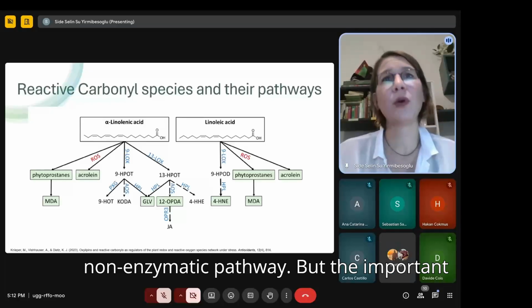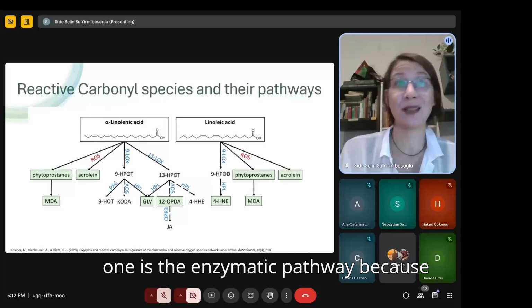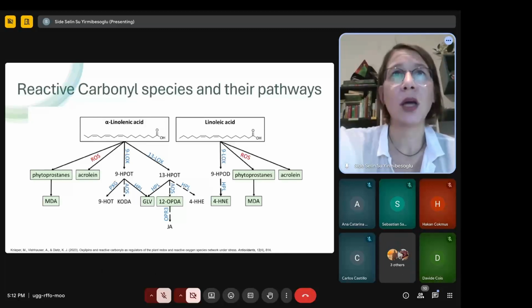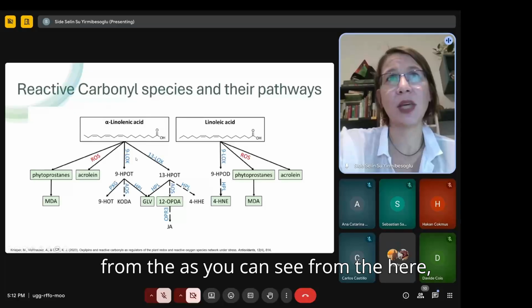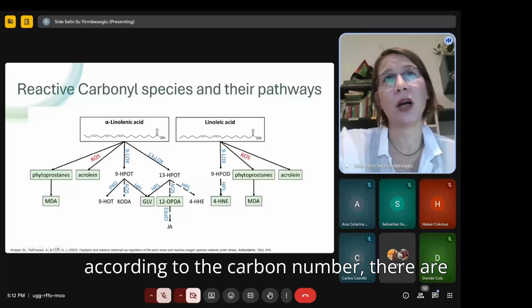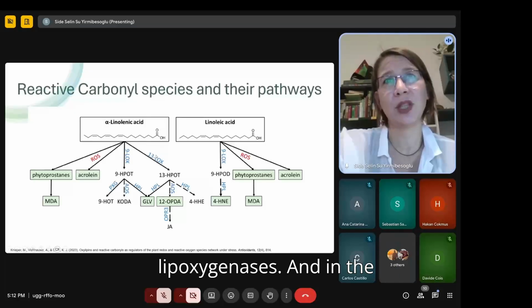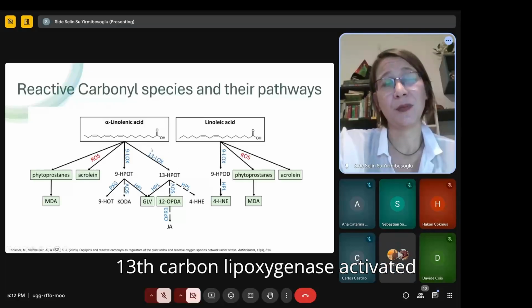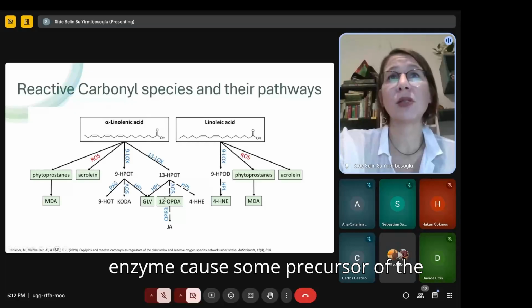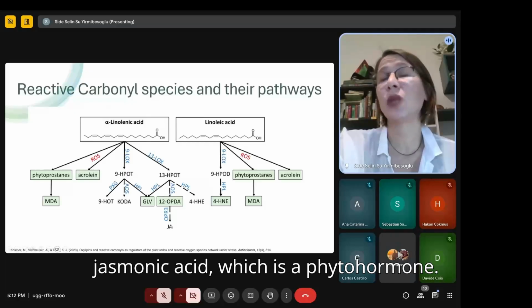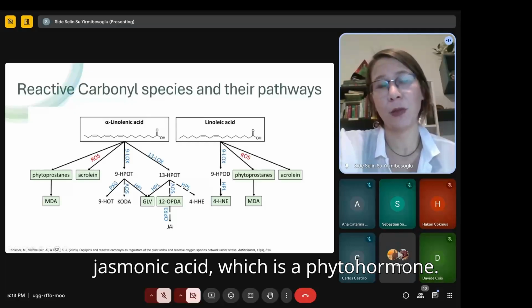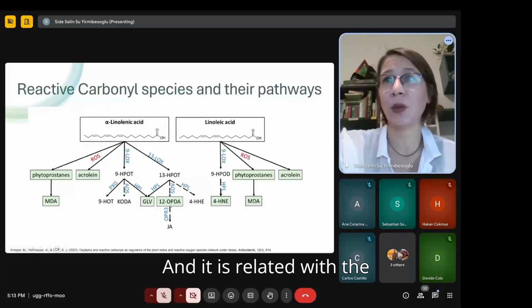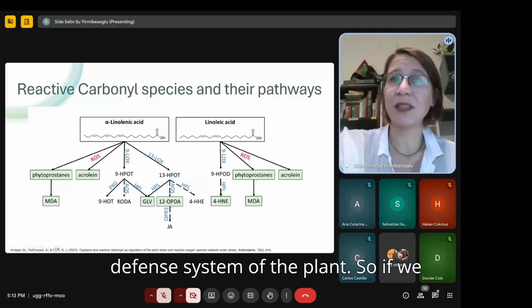But the important one is the enzymatic pathway, because, as you can see from here, according to the carbon number, there are lipoxygenases, and in the 13th carbon, the lipoxygenase-activated enzyme causes some precursor of the jasmonic acid, which is a phytohormone, and it is related with the defense system of the plant.